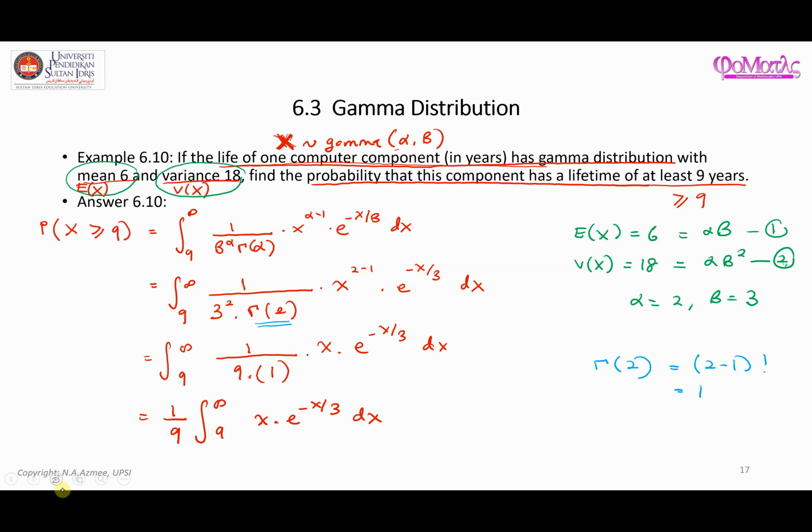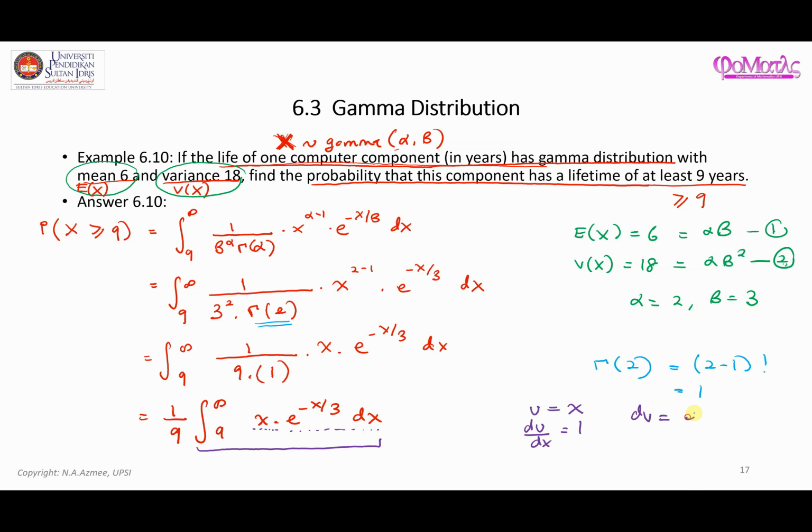Let me just write down what this part here is. We're going to apply integration by parts, and for that we need to let u equal x. So this part here is u, therefore du/dx is just equal to 1. Next, this part here we let equal dv.